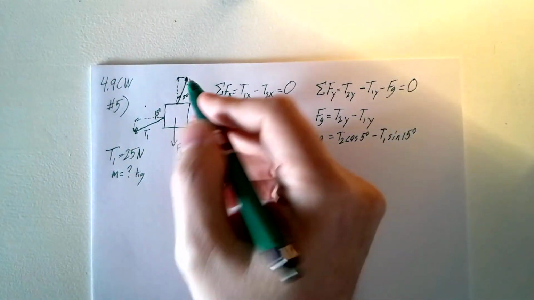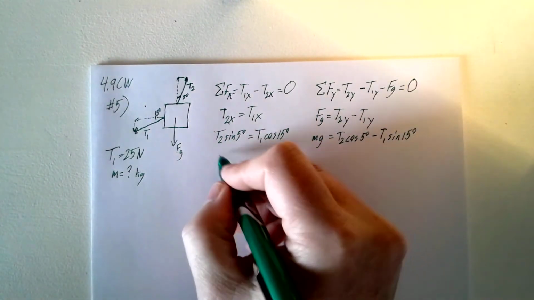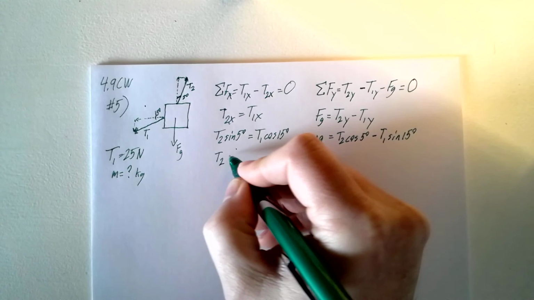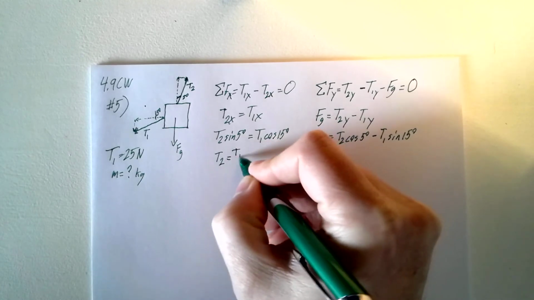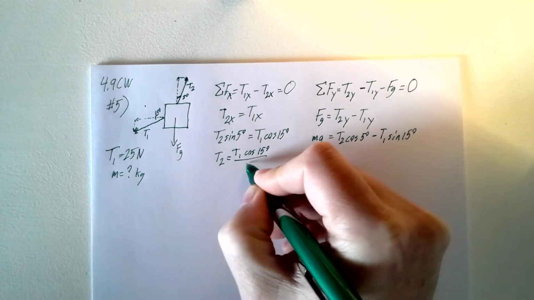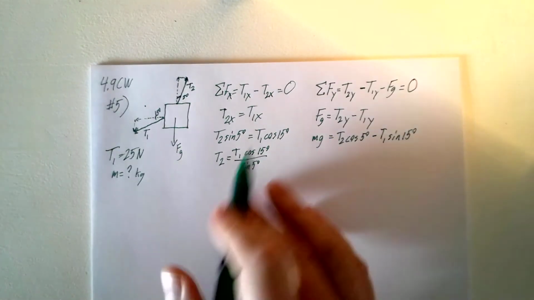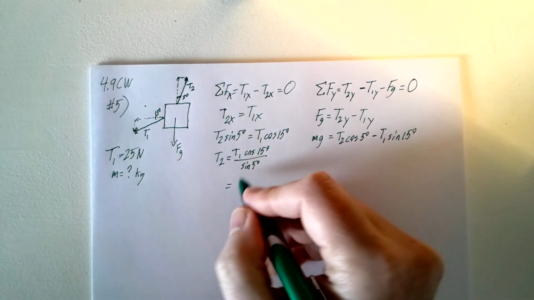So to solve for what T2 is, we divide sine 5. Okay, now plug and chug.